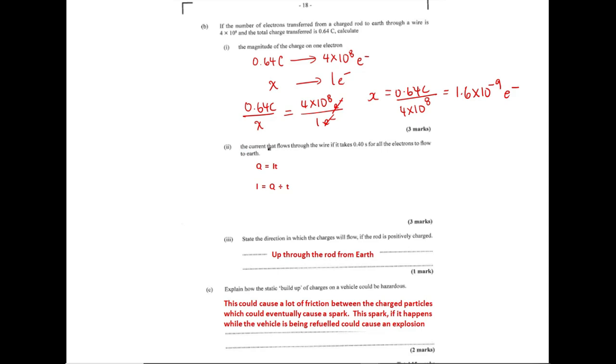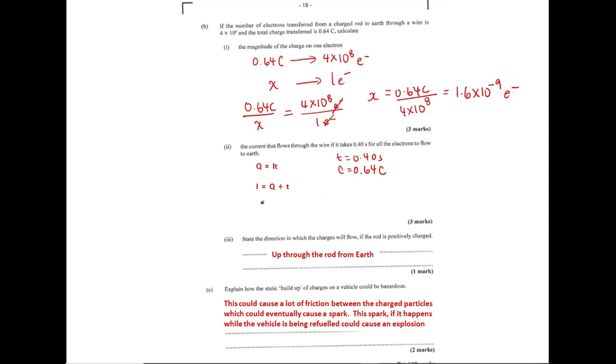calculate the current that flows through the wire if it takes 0.4 seconds for all the electrons to flow through it. So we have the time, t is 0.40 seconds, and then we have the charge, which is 0.64 coulombs.